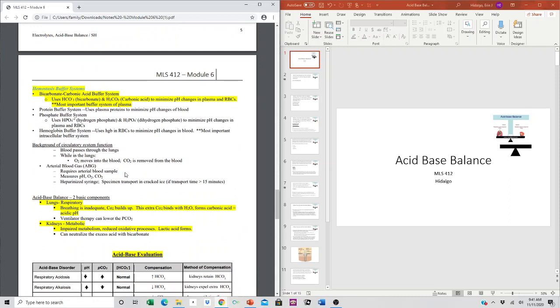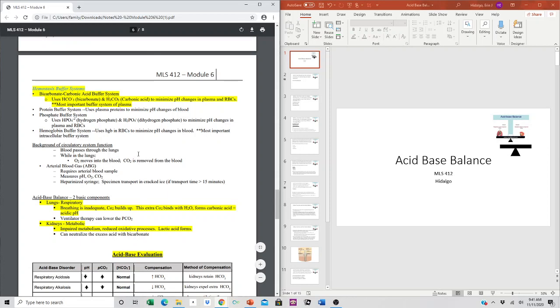All right. So there are multiple buffer systems in the body. They're listed here for you. But the main one that plays in the acid-base balance within the chemistry environment is this top one that's highlighted for you. Bicarbonate and carbonic acid.